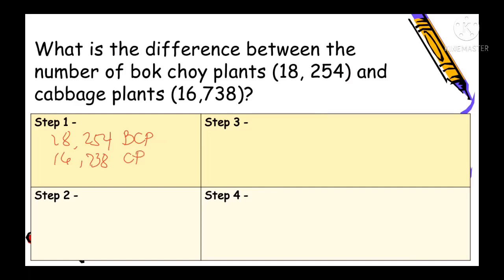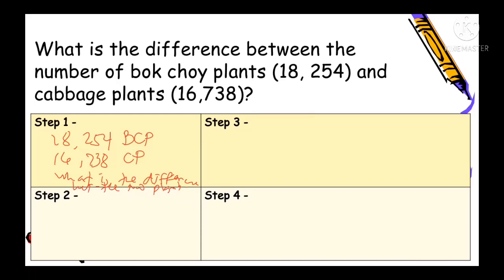Alright, what is the question? What is the difference between the two plants? So those are the given. Number of bok choy plants, number of cabbage plants, and the question.